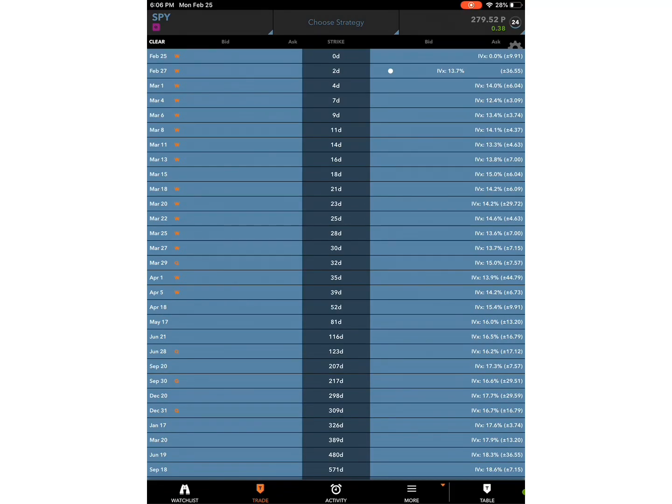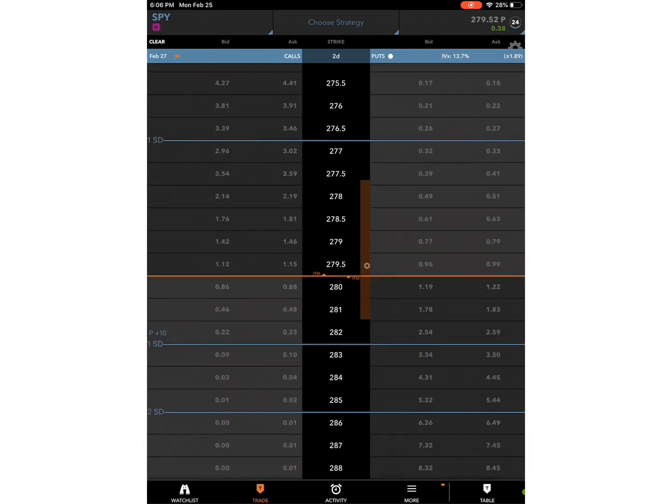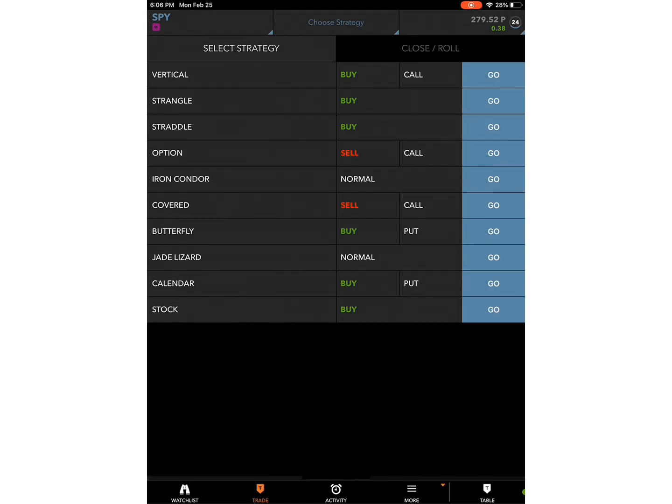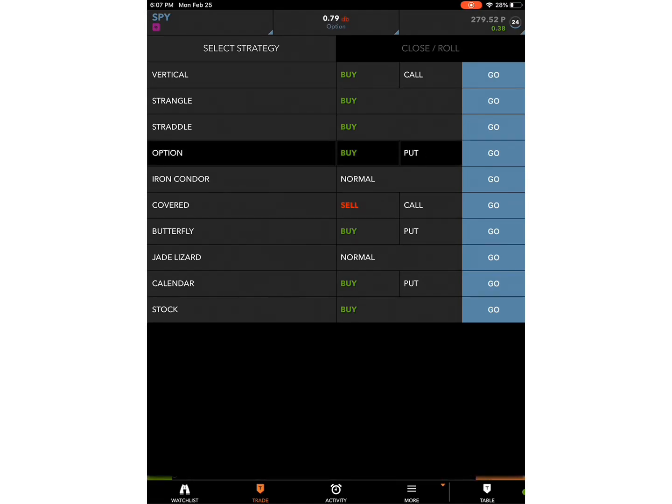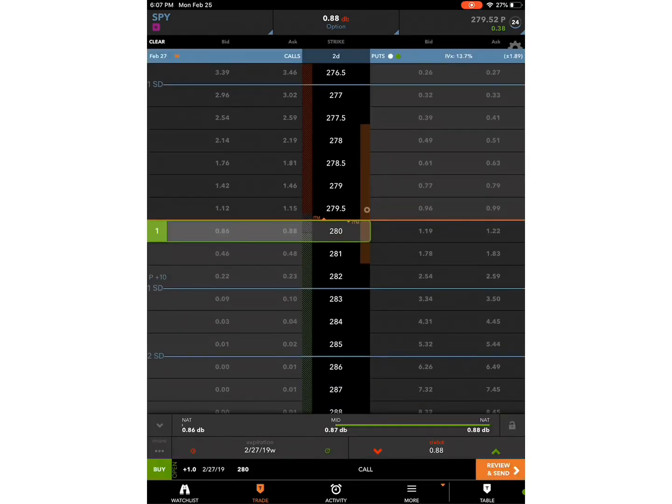So I don't want long expiration dates. I want a quick expiration date. So I would do 2 days to 4 days out, right? So I would do 2 days, and I would make sure it's selected to buy a call or a put. You can do call or a put. And remember, when you're buying a call or a put, you're always buying near the ask and selling near the bid. So bam.